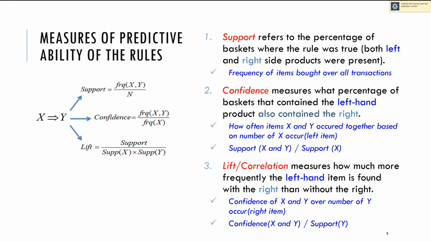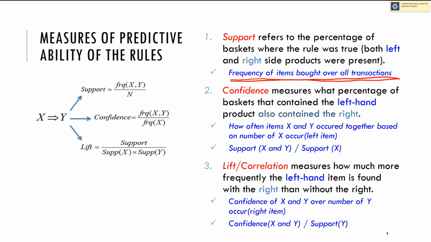So what is support? Support is referring to the percentage of baskets where the rule was true and both left and right side were present. Or in layman's words, support is the frequency of an item bought over all transactions.